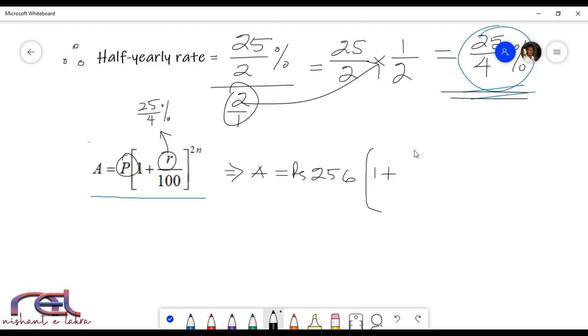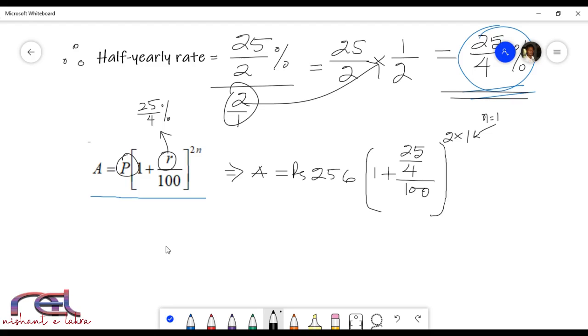So we'll mention it in the place of R, 25 by 4 divided by 100. And we have the exponent as 2n, 2 into n. The value of n in this question is 1. So we multiply 2 into n to get 2.